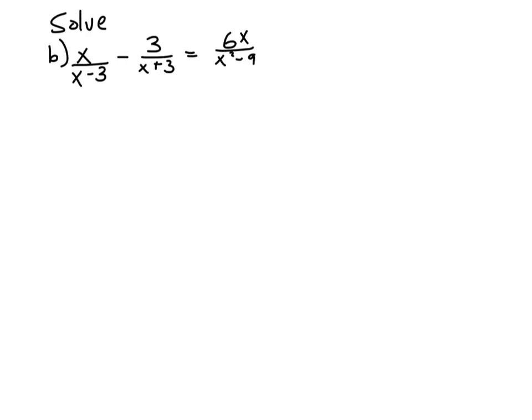Okay, so now let's do another example. First thing I like to start with is thinking about what's in your domain, and once we have the domain, we know those are the values we need to think about. If our solution comes out to be one of those values that aren't in the domain, then we're going to have a problem. So if we look at this first term, x minus 3, it's on the bottom.